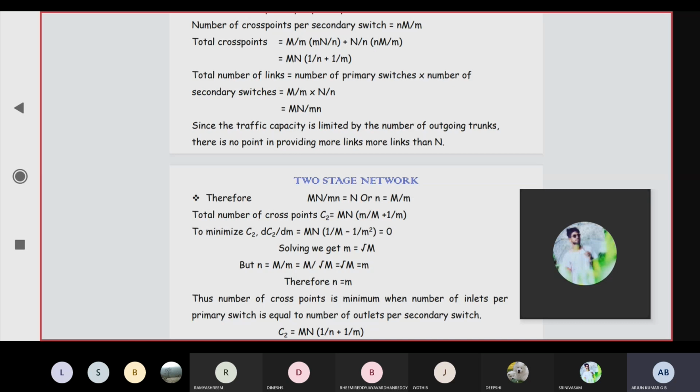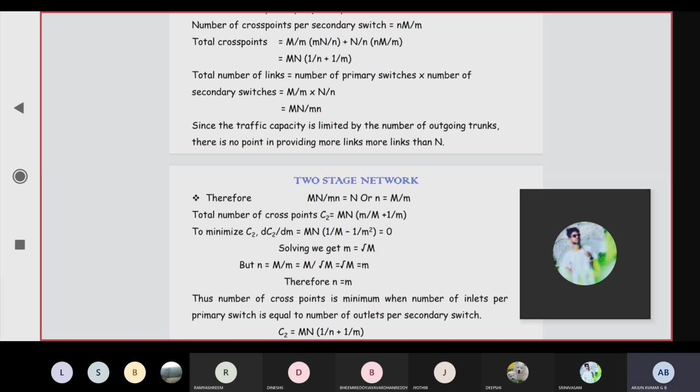Then small m is equal to square root of M. But we know that the number of outlets will be small m by M. You apply small m is equal to square root of M, then M by square root of M will get the square root of M, also called small m.